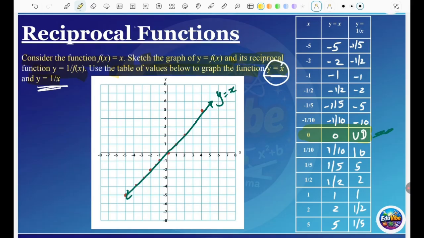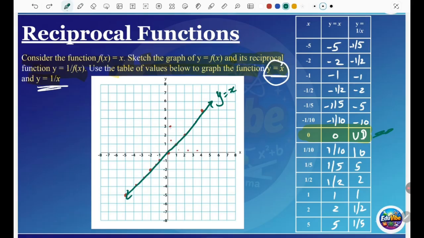When you plot the rest of the points, like minus 5 comma minus 1 by 5, you will make points over there and over there. I made some graph over there, so you get this type of graph. It's a curve kind of graph.